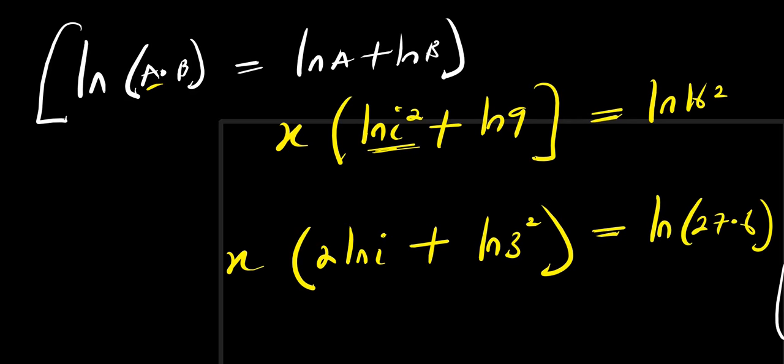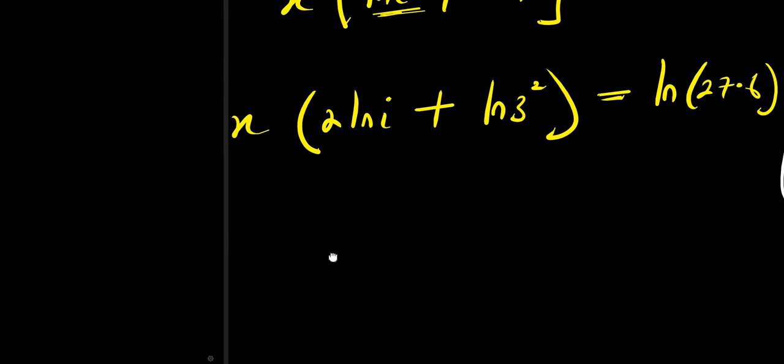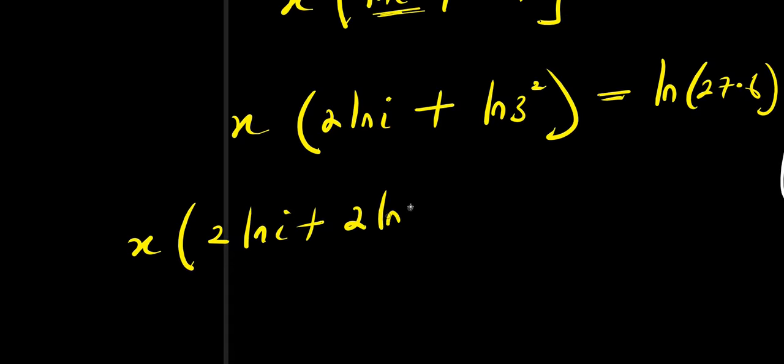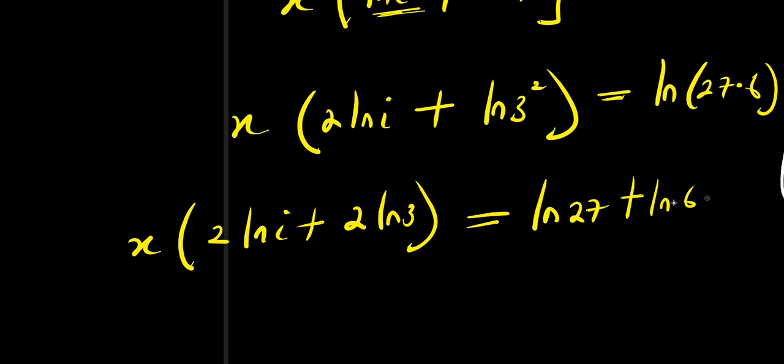Have you seen that? So from here, we have x times 2 times natural log i plus 2 times natural log 3 equals this. We apply the property again: natural log of a times b is natural log a plus natural log b. So we have natural log 27 plus natural log 6.